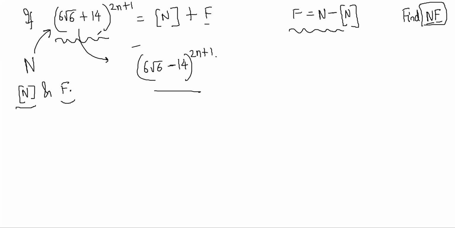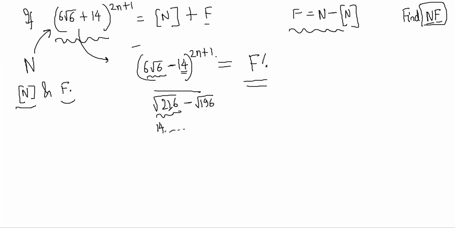So let's call this for now f dash. Why am I calling it f dash? Because I noticed that 6 root 6 is technically root 216, and 14 is root 196. Root 216 will be 14 point something, because 15 squared is 225.